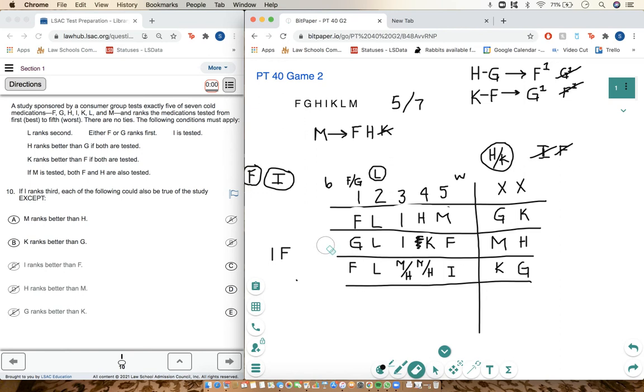Hey, if I's going third, can M rank better than F? So if I's going third, M rank better than H, sorry. Then they're saying, hey, we have M, so that must mean we have F and H as well. And we know we have L because we have to have L. So in this situation, F would go here, and then we could have H and M as these last two. Does this work?